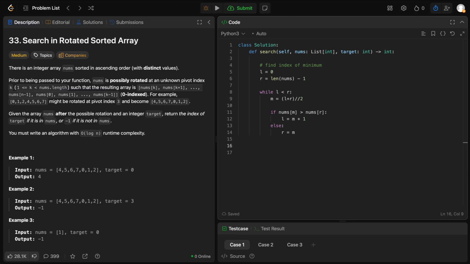So now I found the minimum. And where is it exactly? Well, it should be, I think it will get to it.